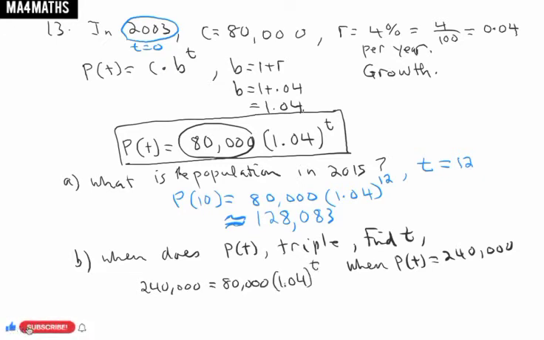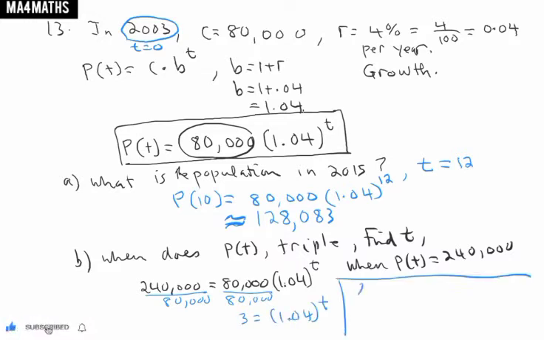So if we divide both sides by 80,000, what's nice about this, we'll end up with 3 equals 1.04 raised to the T. And then if we take log of both sides as before, we have log of 1.04 raised to the T. And if you move the T in front, you have log 3 is equal to T log of 1.04.